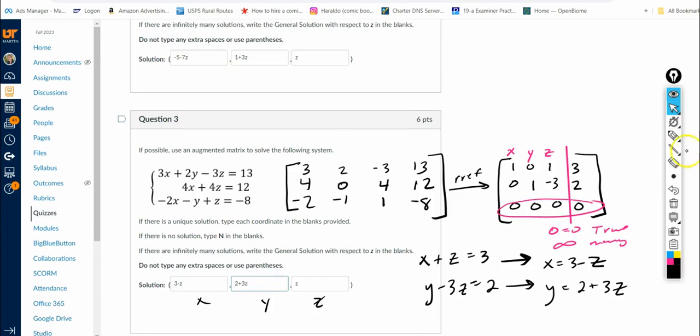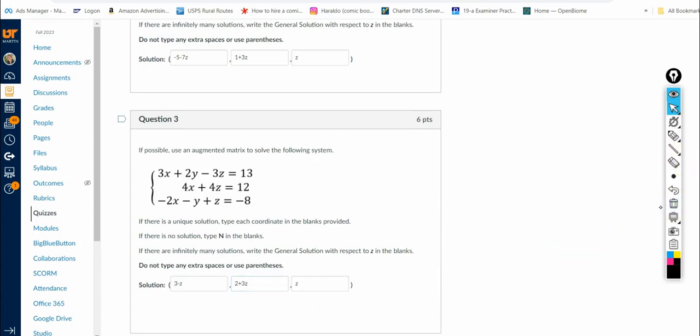Okay, and so I have my generator now. And so if z is equal to 0, I would have (3, 2, 0), which should satisfy all three of those equations. That's one possibility. There are infinitely many solutions.